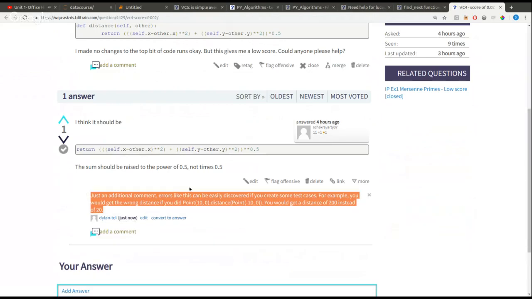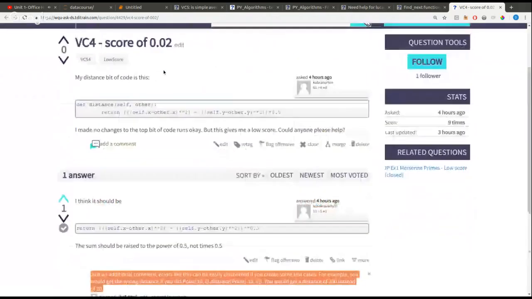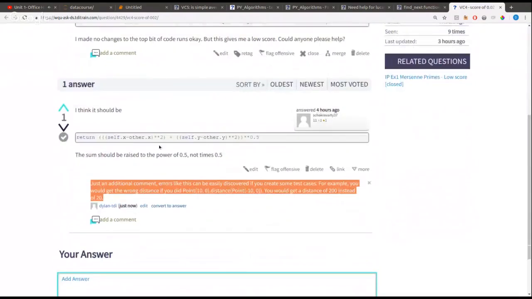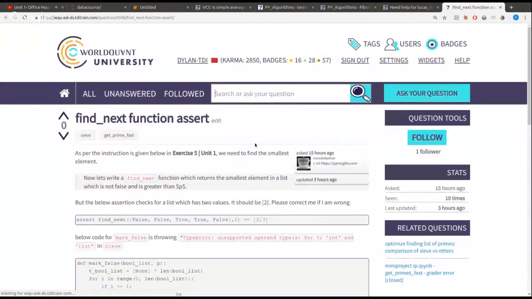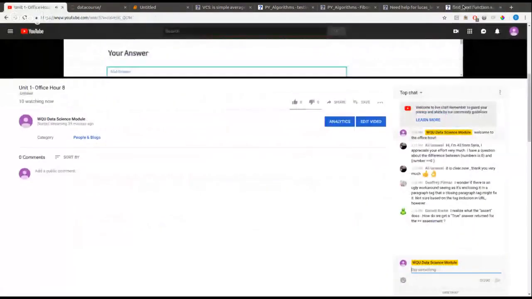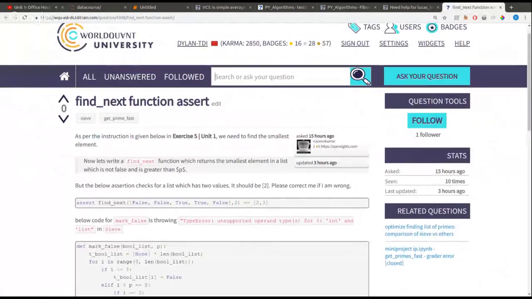So it's always a good idea to create test cases for yourself if your code isn't working. And in general, you should develop that habit of making test cases. In fact, pretty much everything I develop for the Data Incubator is tested.